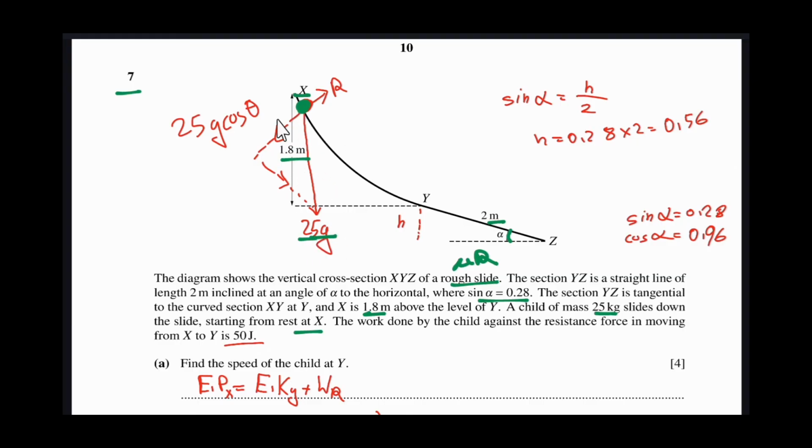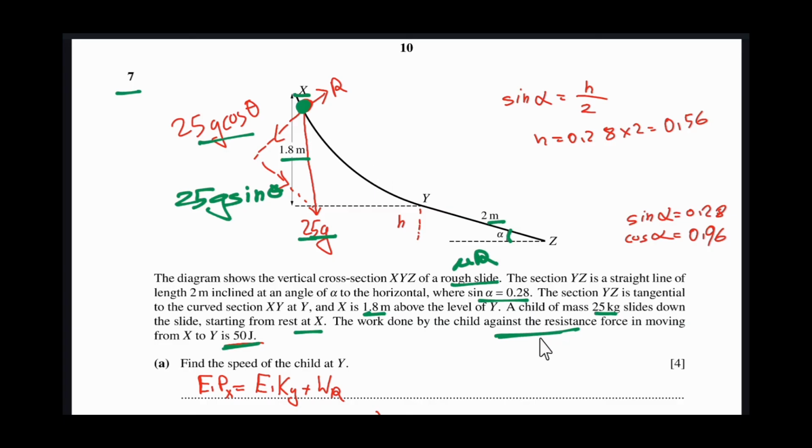So for this plane, we need to find its horizontal and the vertical component of forces. So this is the vertical component and this is the horizontal component. This is 25 g sine theta, and the work done by the child against resistance force in moving from X to Y is this value.